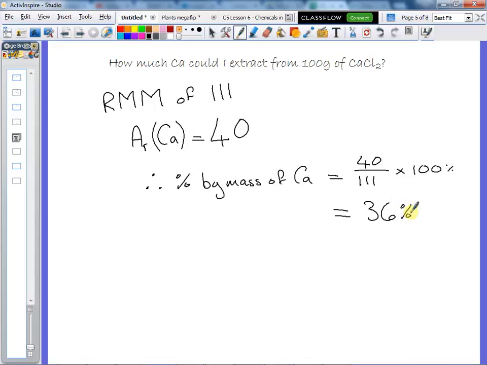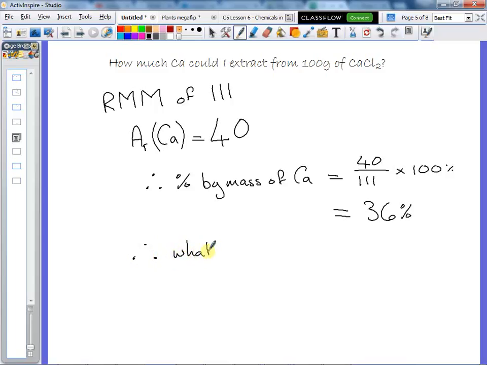But the question doesn't ask what the percentage by mass of calcium is. It asks how much could I extract from 100 grams of calcium chloride. So if I have 100 grams of calcium chloride, 36% of it is going to be calcium.